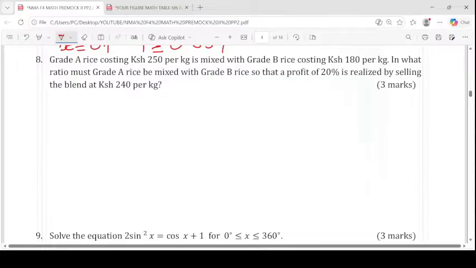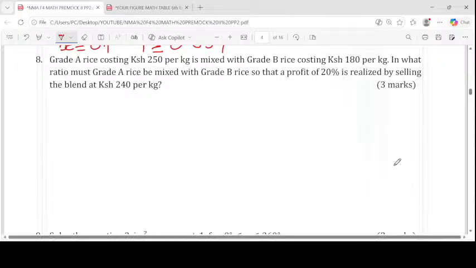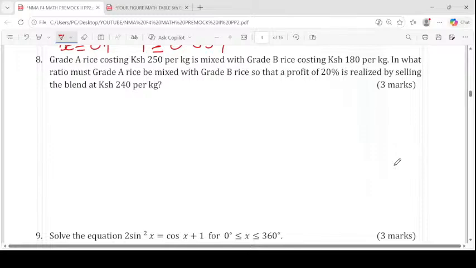In what ratio must grade A rice be mixed with grade B rice so that a profit of 20% is realized by selling the blend at 240 shillings per kg? In what ratio must they be mixed so that a profit of 20% is realized by selling the blend at 240 shillings per kg?